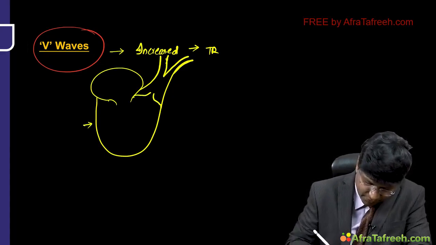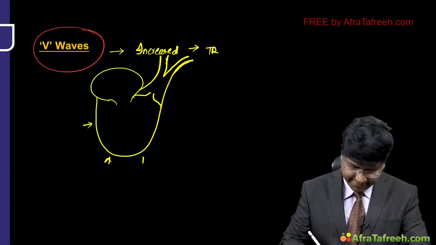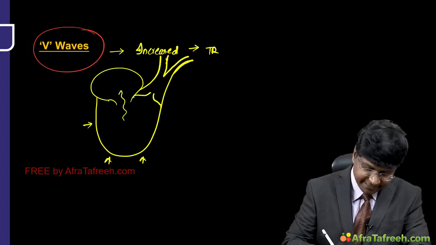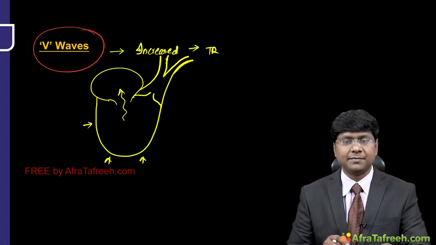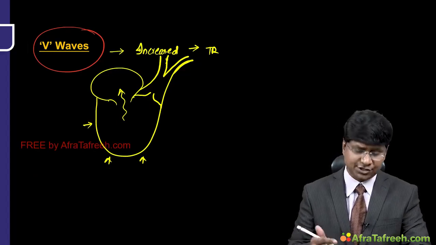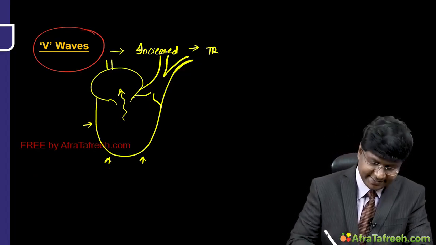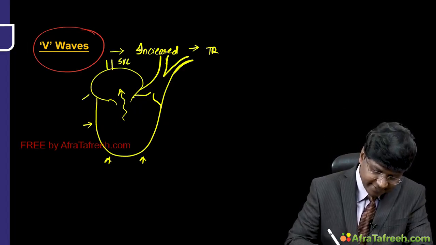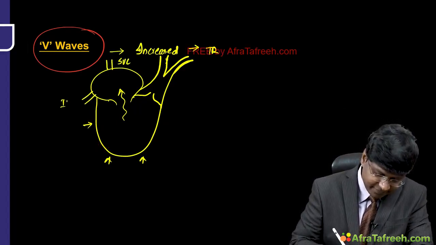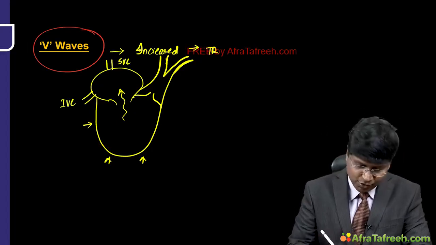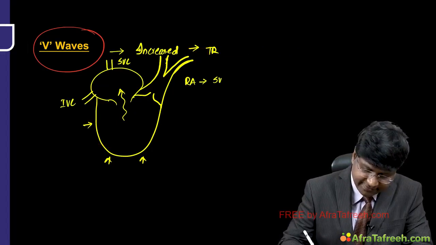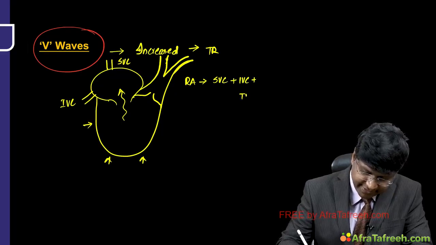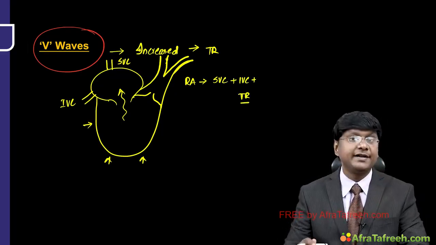Okay. So, when the right ventricle is contracting, some amount of blood is leaking back into right atrium. Now, right atria is relaxing. So, during the phase of the right atrial relaxation, right atria is receiving the blood from superior vena cava and from the inferior vena cava, right? So, into the right atria, you have the SVC blood, you have the IVC blood, and you have the TR blood, that is the tricuspid regurgitant blood.